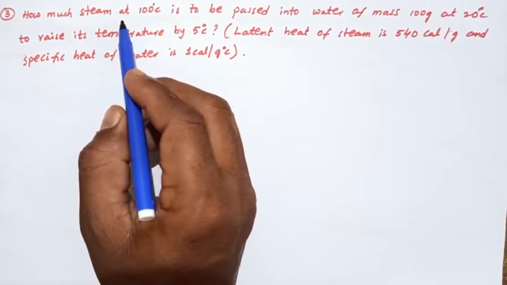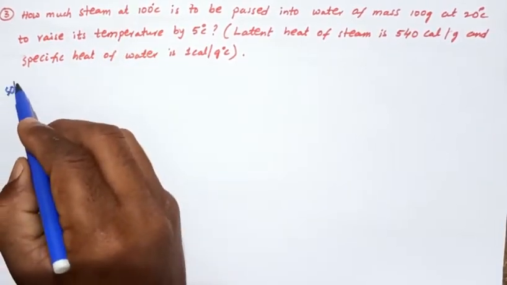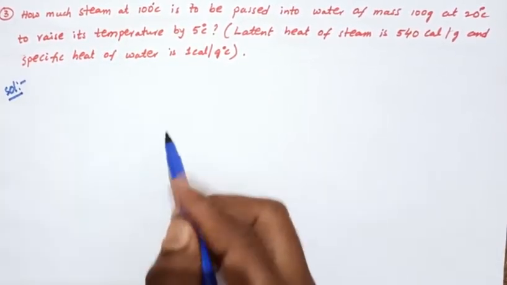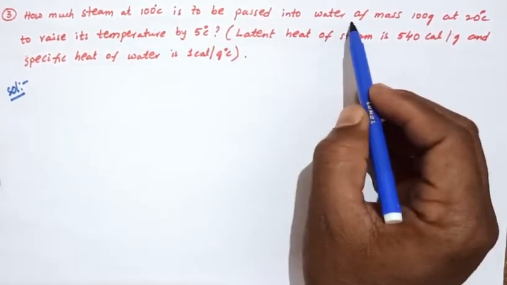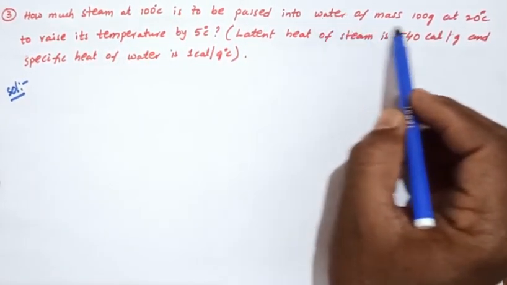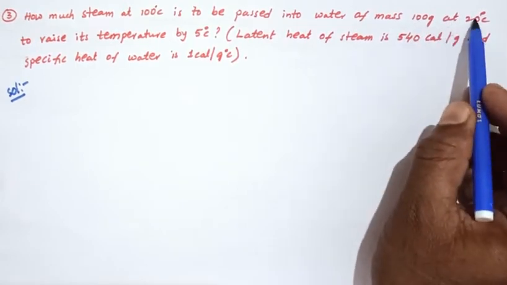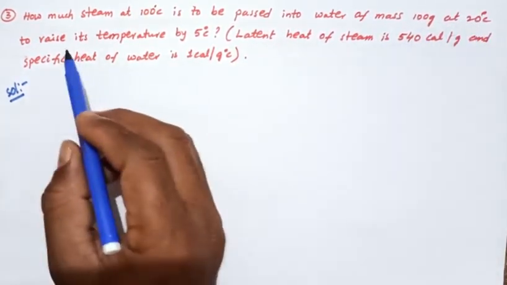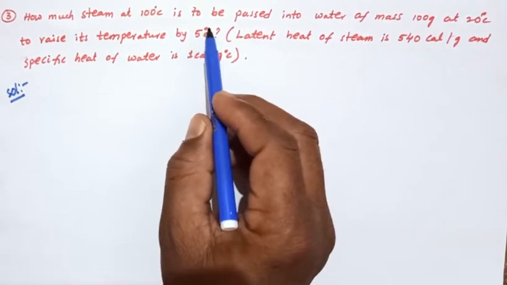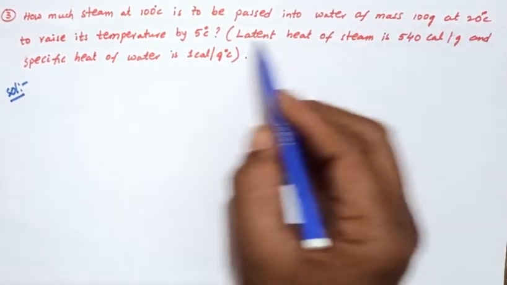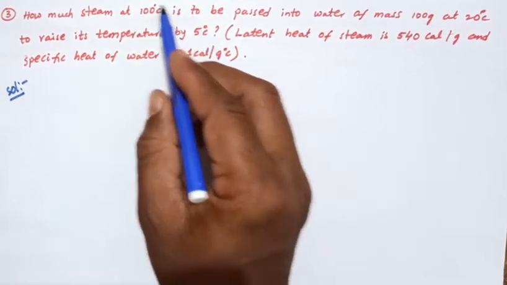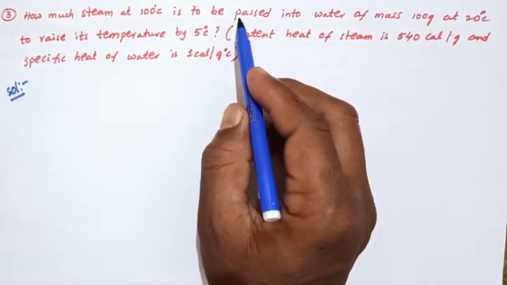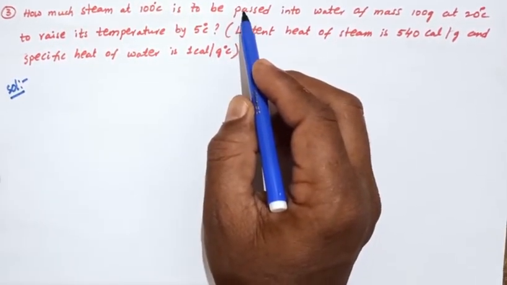This steam is mixed with water. 100 degrees Celsius steam is mixed with water, so the water temperature increases from 20 degrees Celsius to 25. So 5 degrees Celsius is increased, so then 25 degrees Celsius. So it is the law of mixed principle.